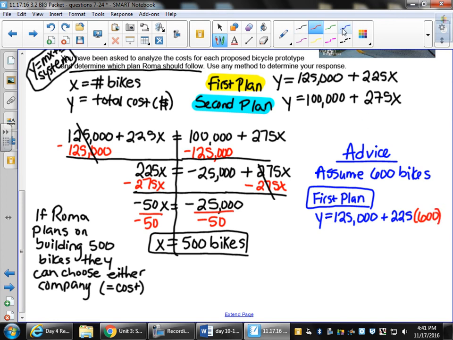Where we saw x, we will substitute in 600. That's 125,000 plus 225 times 600, which is 135,000. Adding those values together, I got 260,000.